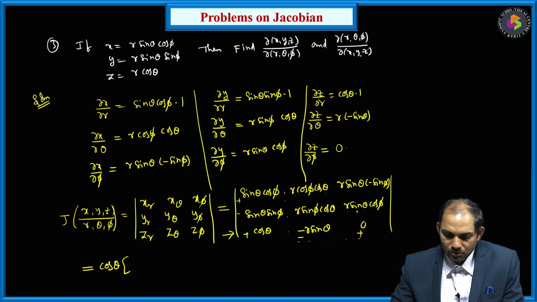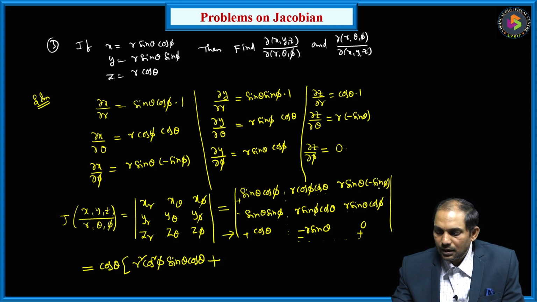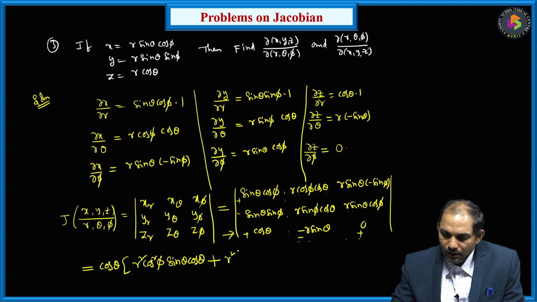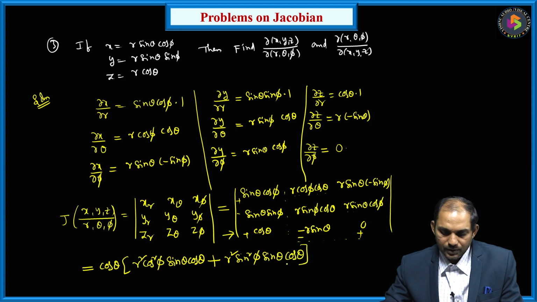When you multiply these two, we get r square cos square phi sin theta cos theta, minus into minus plus, here r sin theta sin phi and r sin phi cos theta. Sin phi is repeated and r is also repeated. It will be r square sin square phi sin theta cos theta. This is the first term.